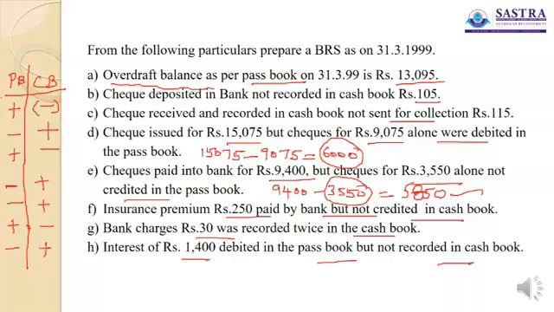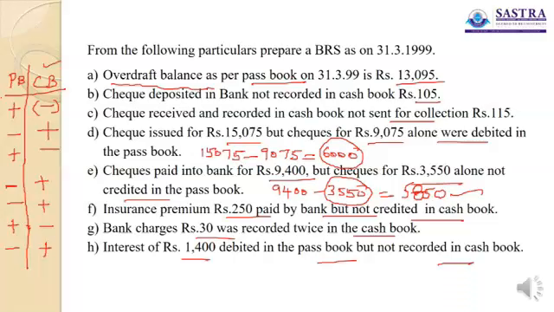So see this, there are so many transactions: first minus, second plus, third minus, fourth plus, fifth plus, sixth minus, and seventh plus. So what do we need? The book, the cash book.